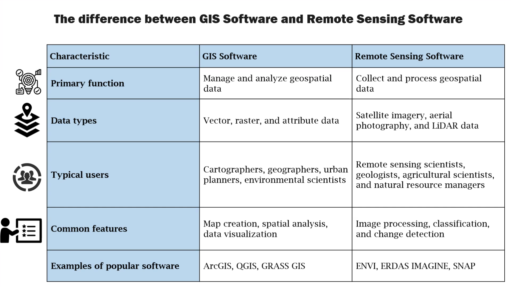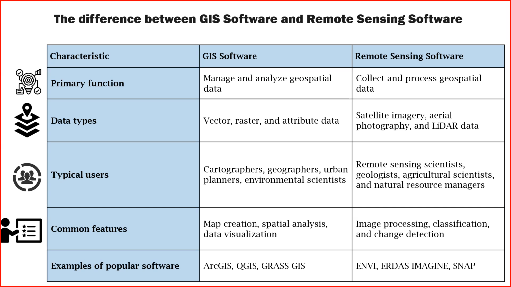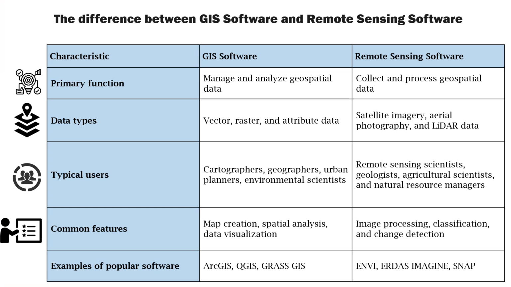And the common feature is the map creation. You create the map, you analyze your particular region for your particular purpose, right? For a research paper or for your business or data visualization. And for remote sensing software, the common feature is image processing. You classify the image and you try to predict some model. And for some popular software, what I mentioned, the ArcGIS, we have the license, UG has the license of the ArcGIS. So we will use that for the demonstration.